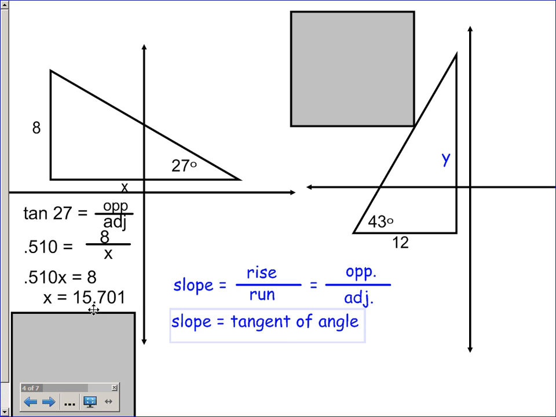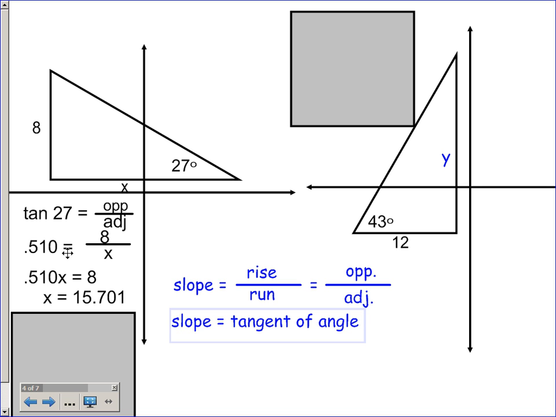Well, let's practice finding tangent here. This one's already shown. Tangent of the 27-degree angle is the opposite over adjacent, and then using my calculator I find tangent of 27. Make sure that it's in degrees mode when you do that, and I get 0.510 if I round it to the nearest thousandth, and my habit is always to round to the nearest thousandth on trig.